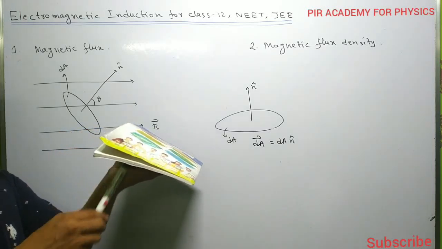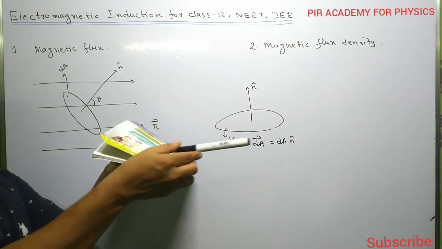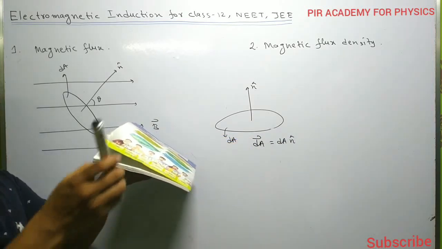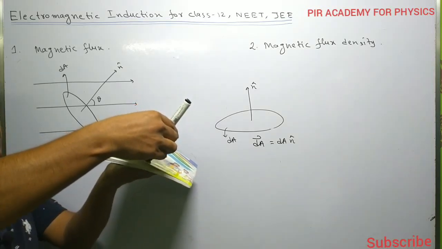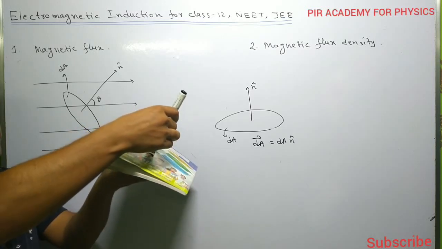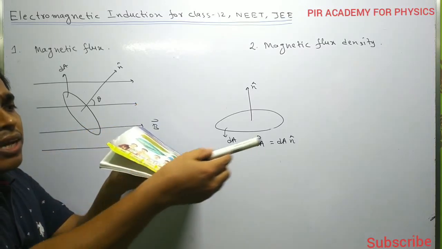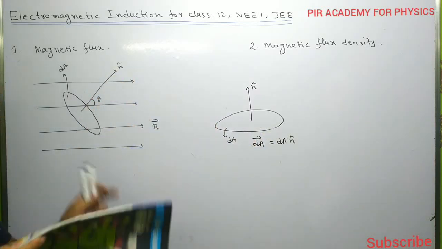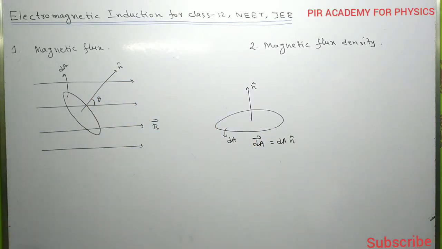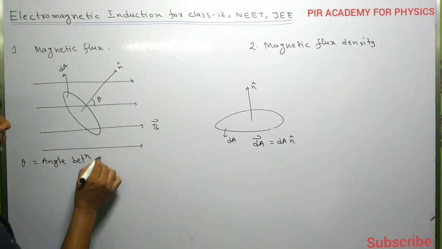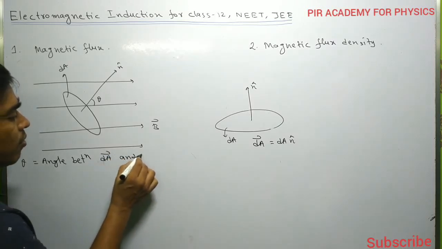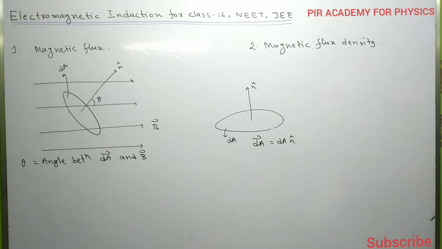Then there is an angle between the direction of the magnetic field and the area vector. This is theta. Theta is the angle between the dA vector and the magnetic field. dA vector means the area vector.